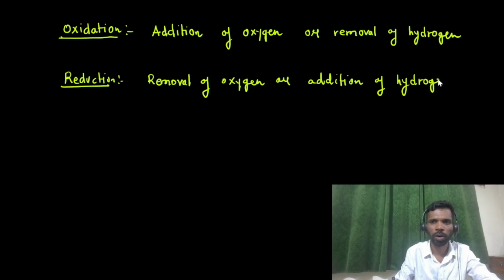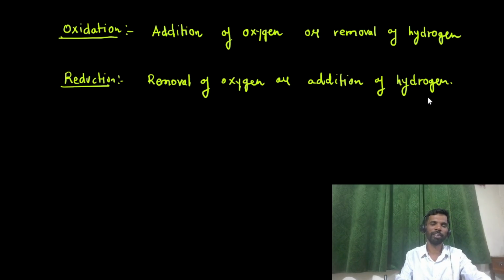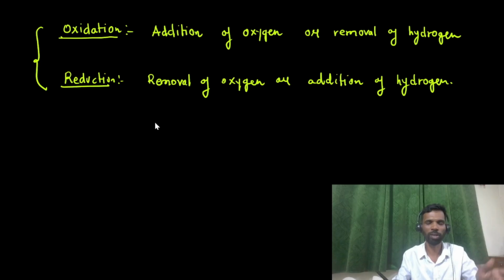If you remember it from the 11th standard, these are the two definitions we learn in the redox chapter. So don't consider organic chemistry as totally independent. To learn organic chemistry also, we should know some concepts of inorganic or physical chemistry. If you know this much about oxidation and reduction reactions, you will understand the next part.